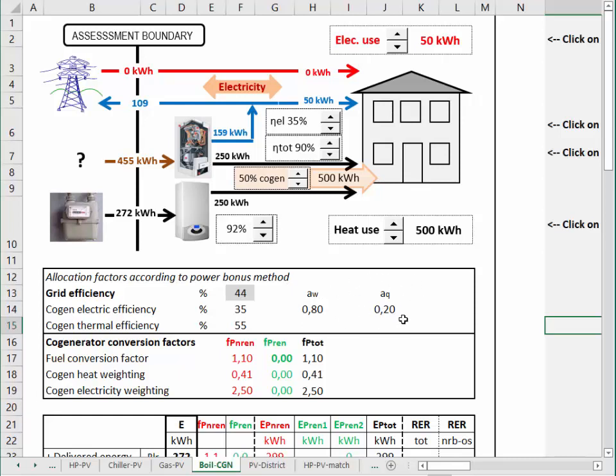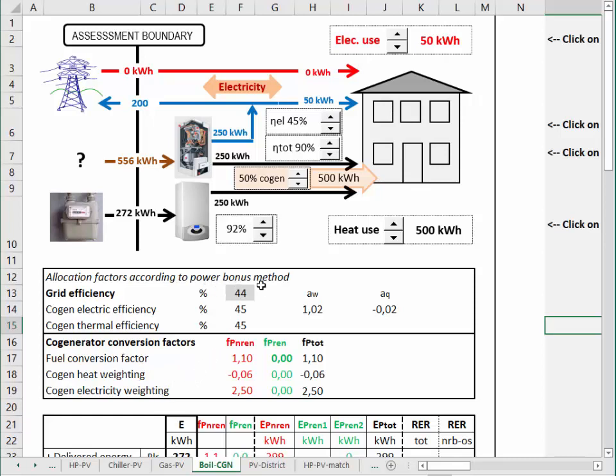You can see here that only 20% of the incoming weighted energy is allocated to heat. In fact, the power bonus method is very much sensitive to the electric efficiency of the cogenerator. If the electric efficiency of the cogenerator exceeds the grid efficiency, the allocation factor for heat becomes even negative. And you can see this also in the resulting equivalent conversion factor for heat and electricity produced by the cogenerator.